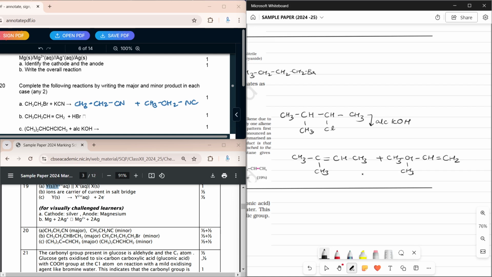Between these two, this is obviously the more substituted double bond, that is, you have more alkyl groups attached. So that's why this is going to be the major product and this is going to be the minor product. This is under the concept of elimination reactions. After we learn all about the SN1 and SN2 processes, the next reaction you learn about is elimination. So based on Saytzeff's rule, you are deciding which one is going to be the major and which one is going to be the minor product for this reaction.